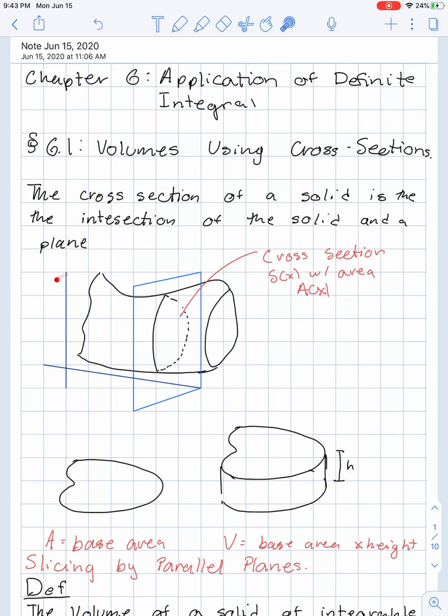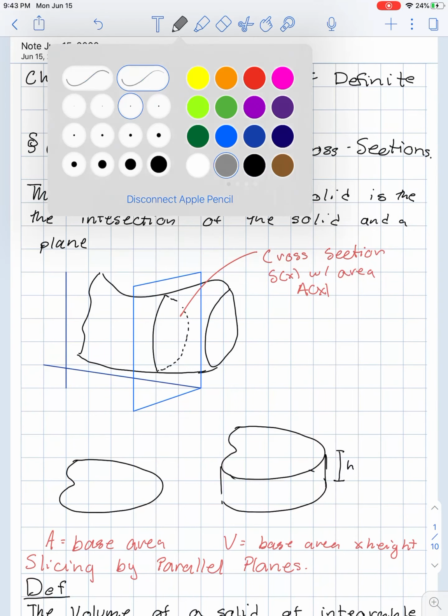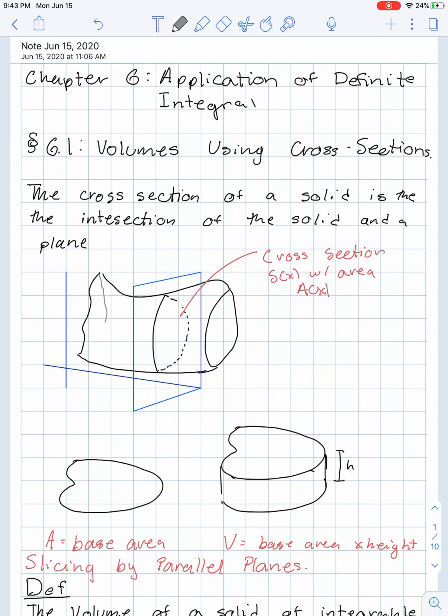Okay, so if you can see right here, I kind of drew a very poor picture. My pictures aren't too great in this section, so please bear with me. But we have just some solid outlined in black, and then wherever this blue plane is, that is where I take my cross section.